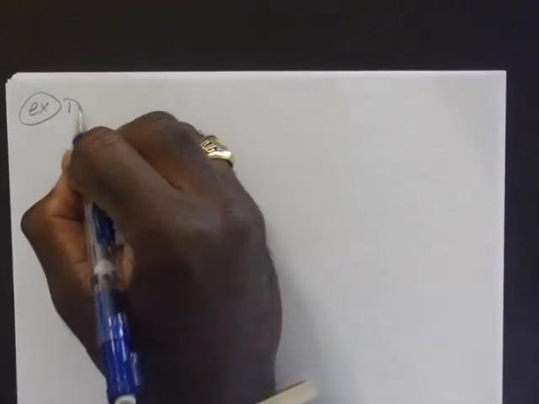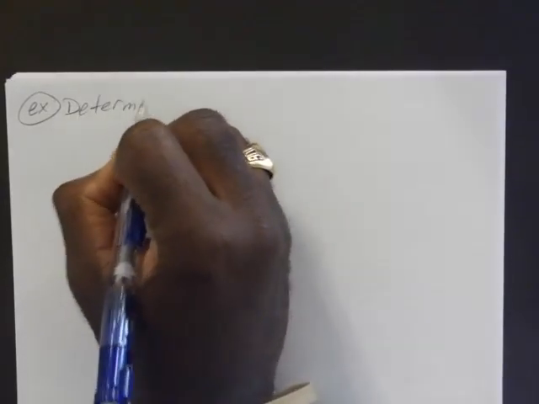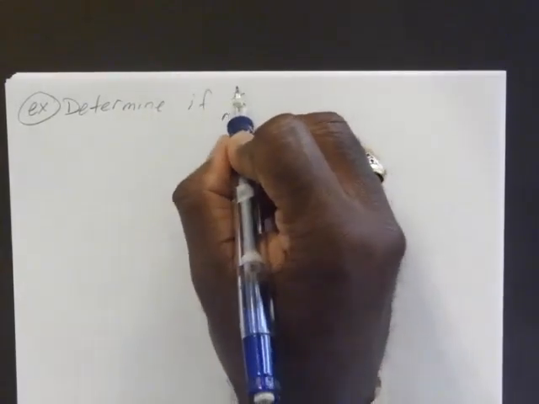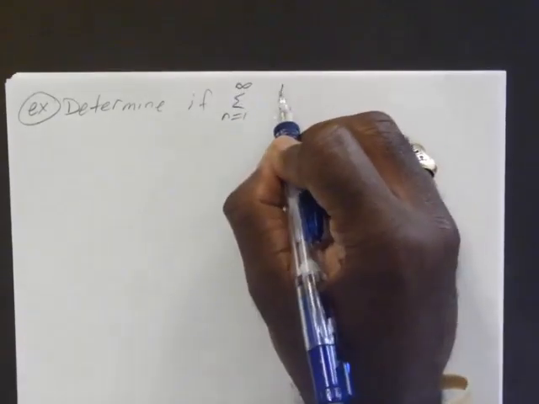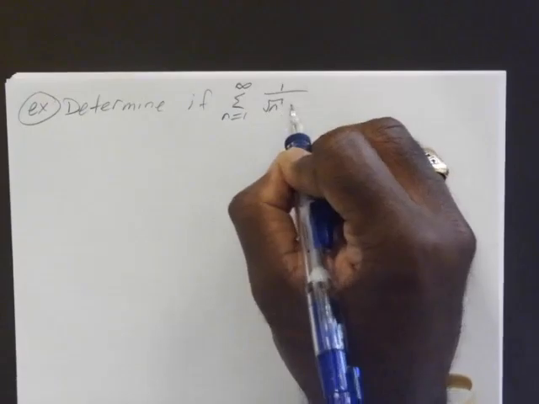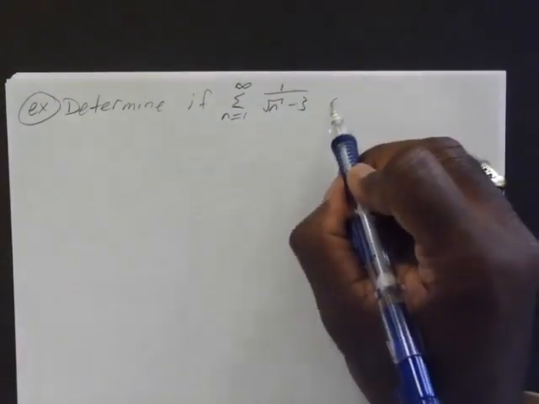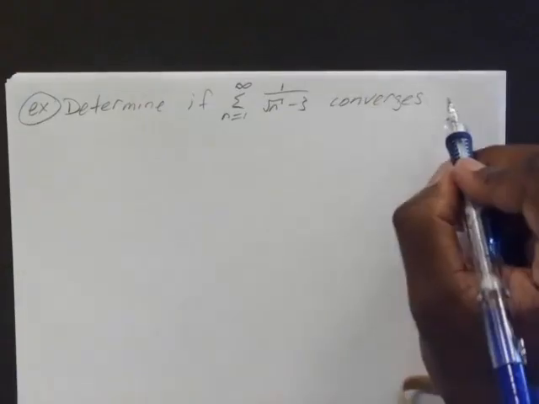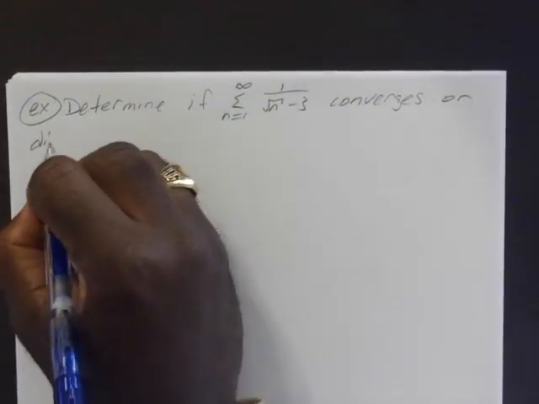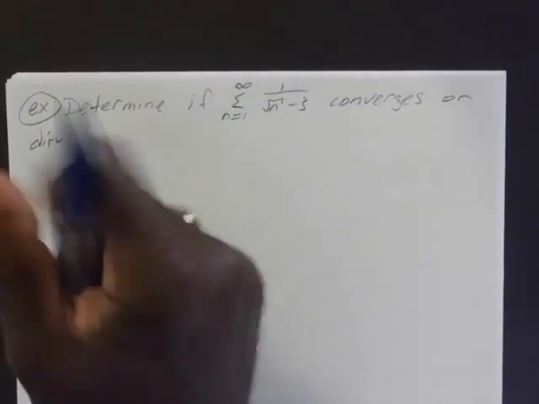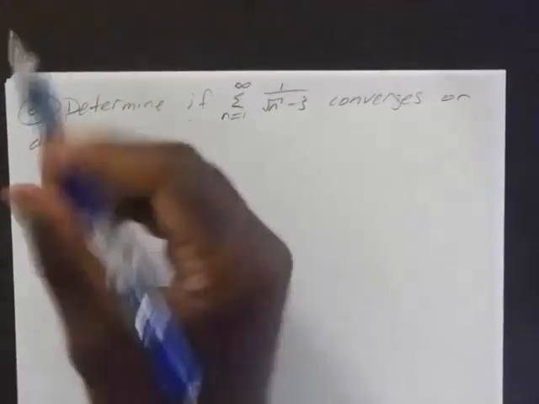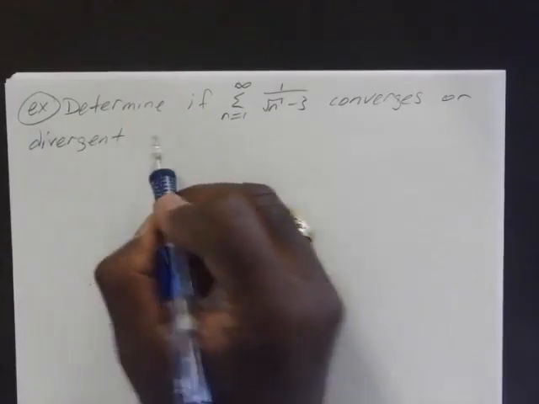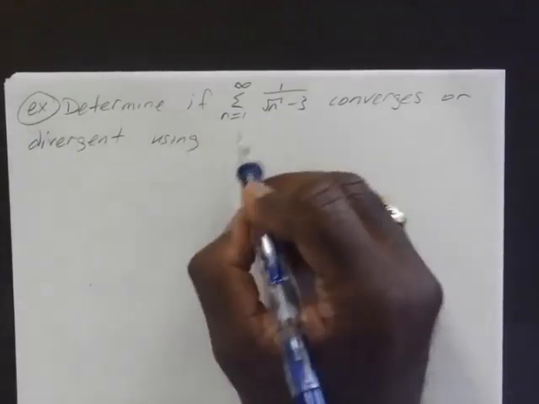So what if we wanted to determine if the sum from n equals 1 to infinity of 1 over the square root of n minus 3 is convergent or divergent, using direct comparison?